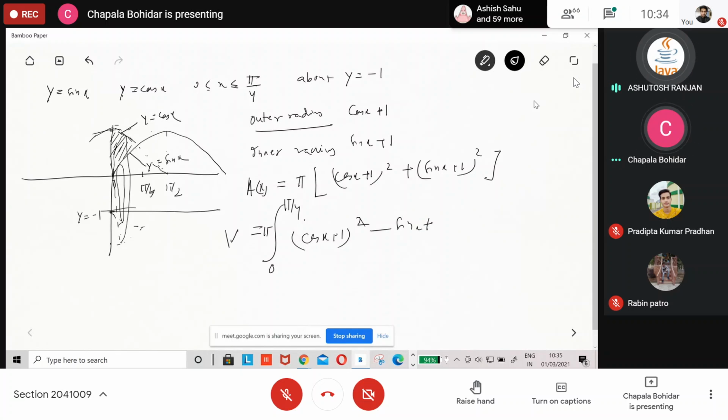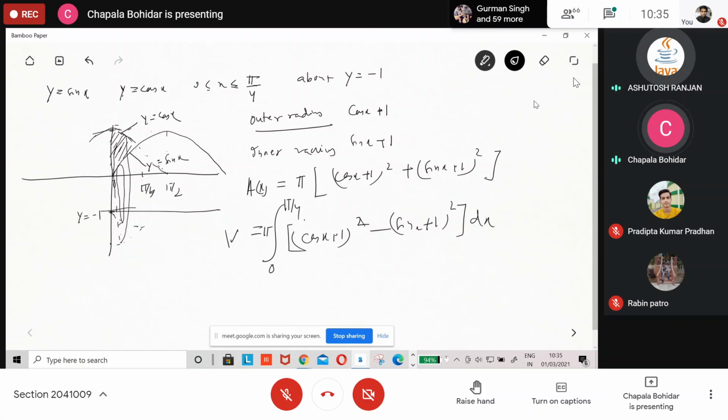Solve it. Yes? Ma'am, in the above, Ax is equal to pi times cos x plus 1 minus sin x plus 1, should be. What are you saying? Why have you written a plus sign between cos x plus 1 square and sin x plus 1?